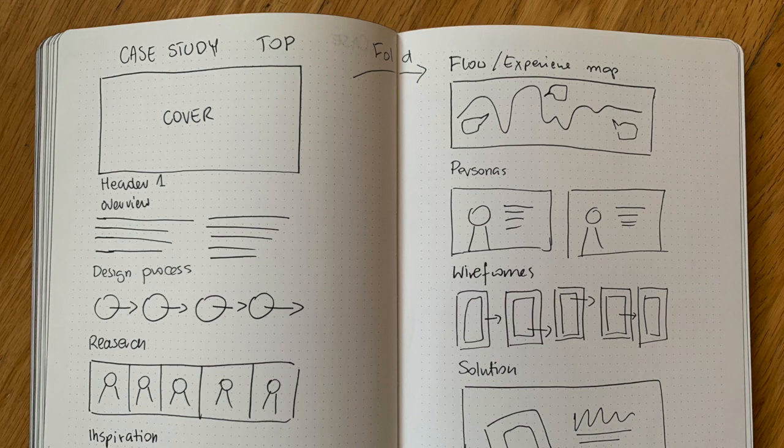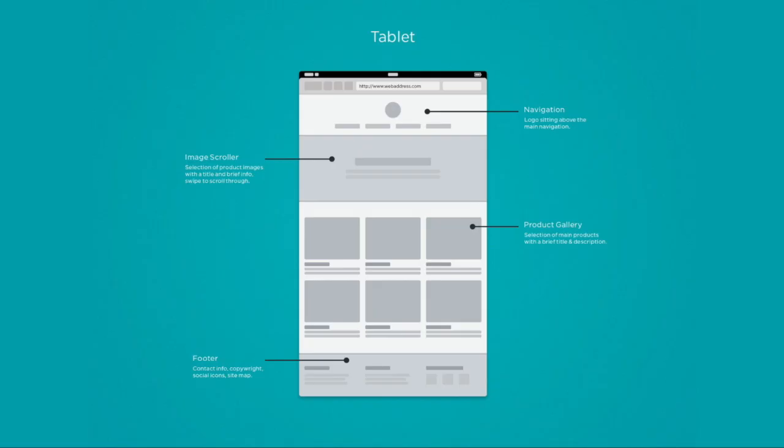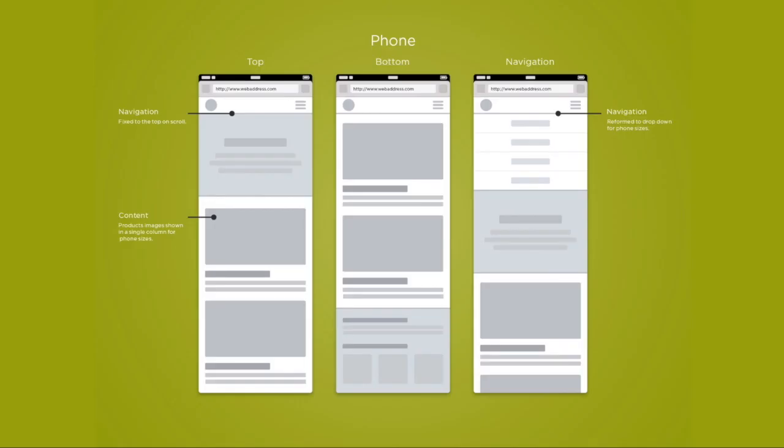Once you've done that and you're happy with the elements and the structure, you can create slightly higher fidelity wireframes using, for example, Sketch or any other tool that you like, where you can think about nicely laid out layouts, images, fonts, and so on. And you can also think about different devices that you'll be using. So you can think how your portfolio will present on tablet or mobile phones.